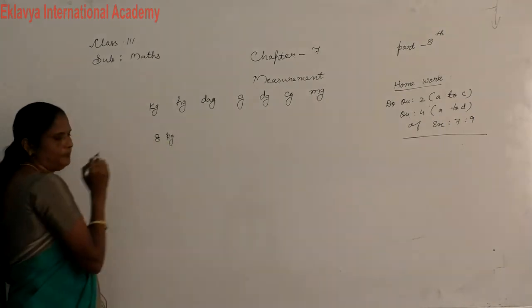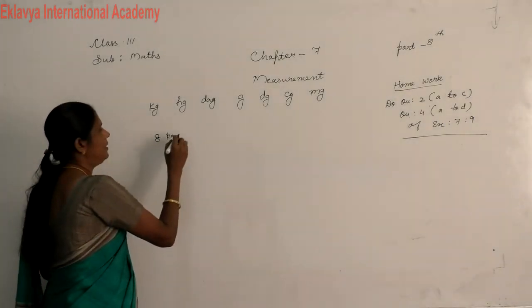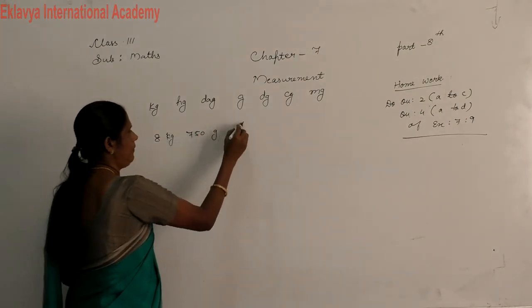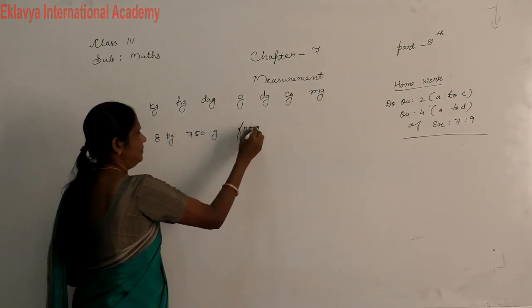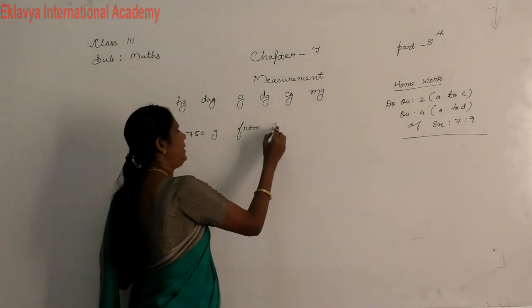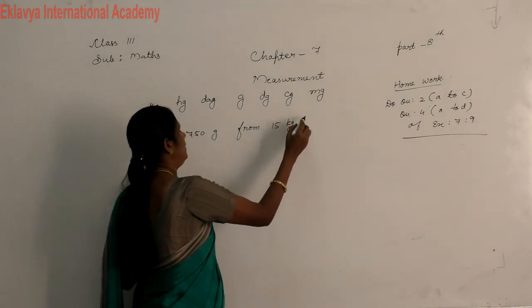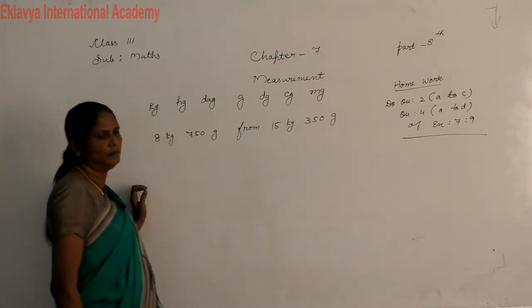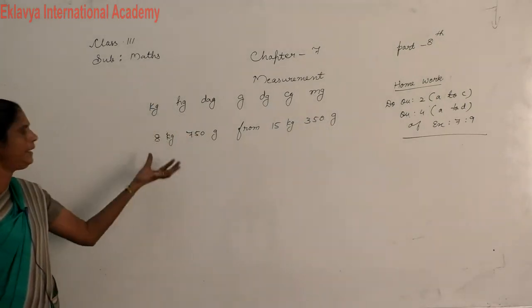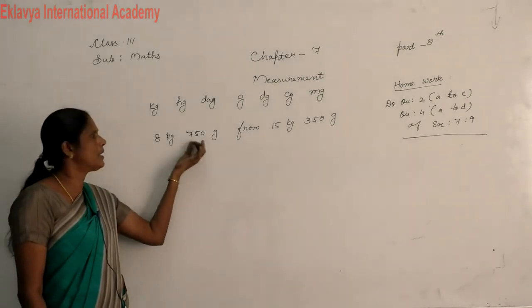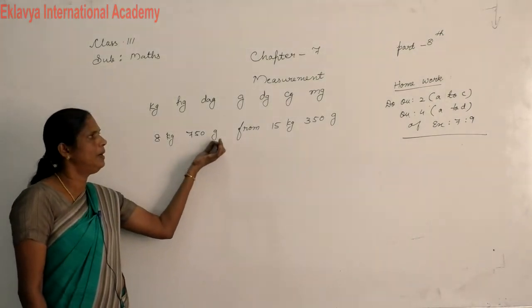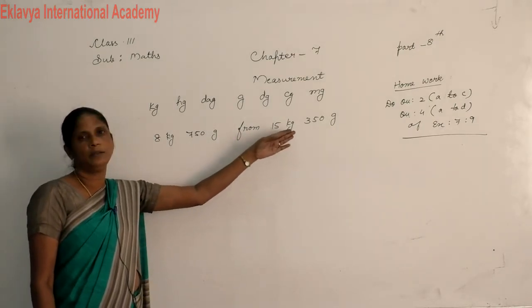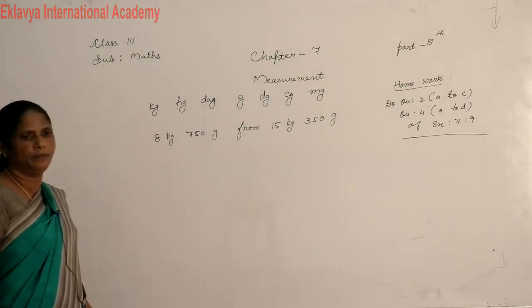Subtract 8 kg 750 gram from 15 kg 350 gram. Listen, 8 kg 750 gram from 15 kg 350 gram.